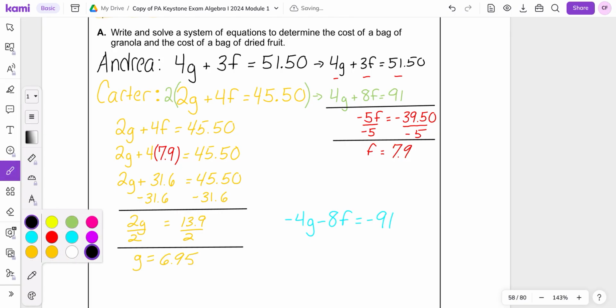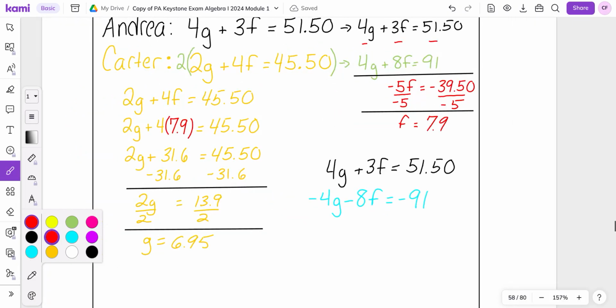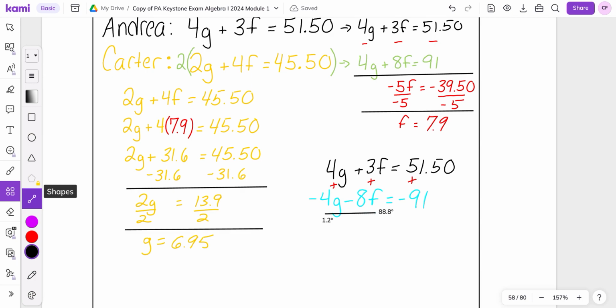Andrea's would have remained the same. 4g minus 3f equals 51.50. Then when I would have added my two equations, we would have actually gotten the same exact thing we had up top there.